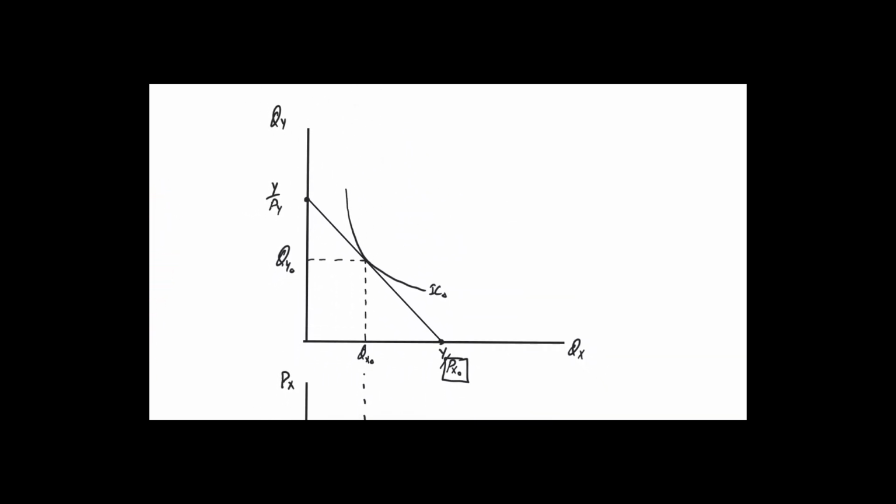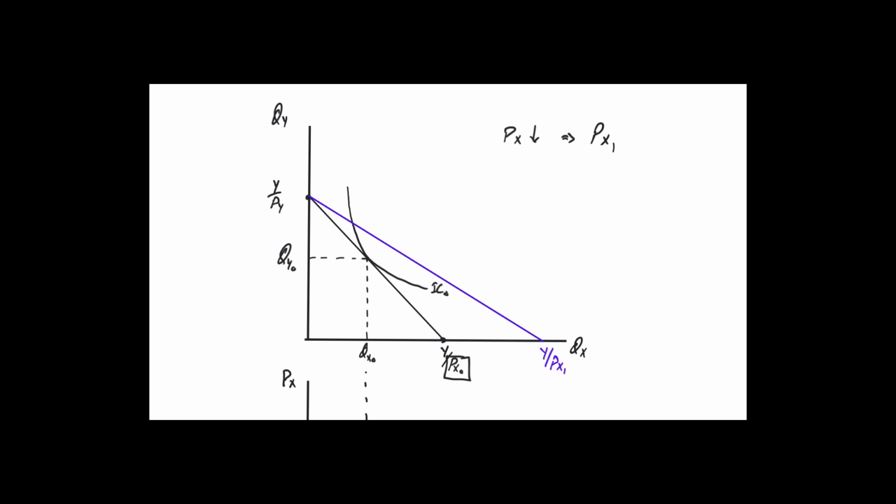Yes, sir. Okay. Now the next thing we want to do is let's drop the price of X to PX1. So when the price goes down, we've learned you're going to have a pivot movement, budget divided by PX1.